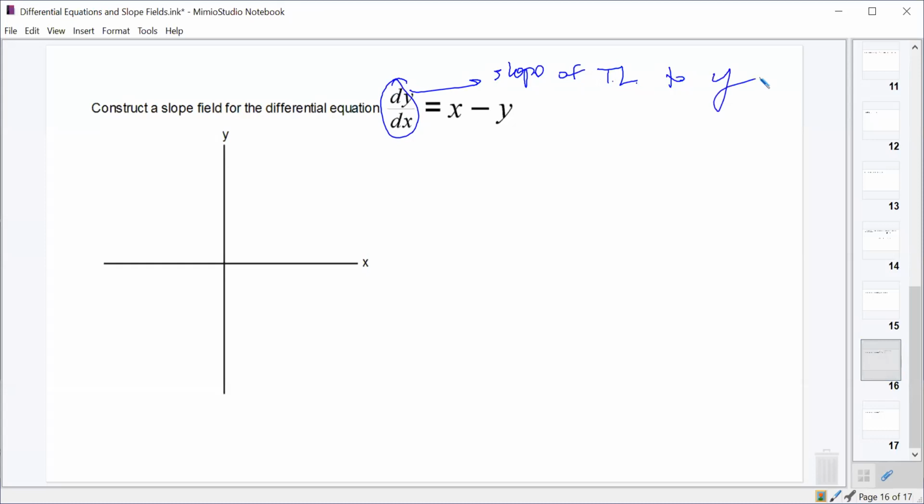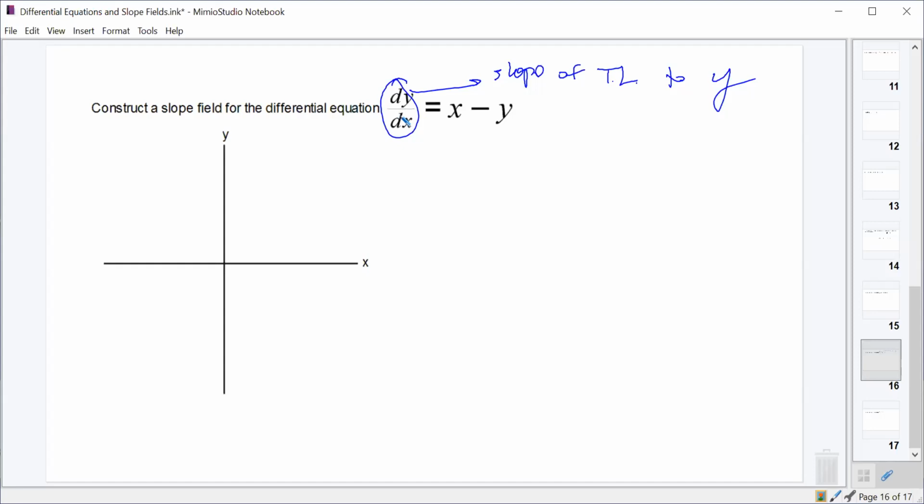And we're using those little tiny line segments that we drew of different slopes to model the behavior of y on a small scale. We're using the idea of linearization, that the tangent line represents the actual function on a small scale. And so that's what we're doing.